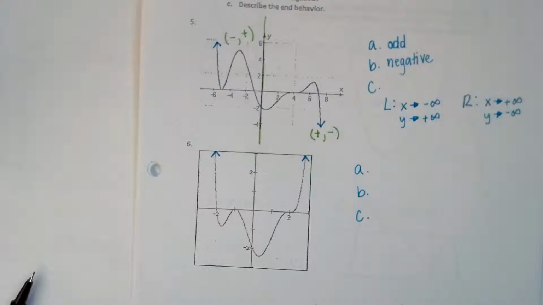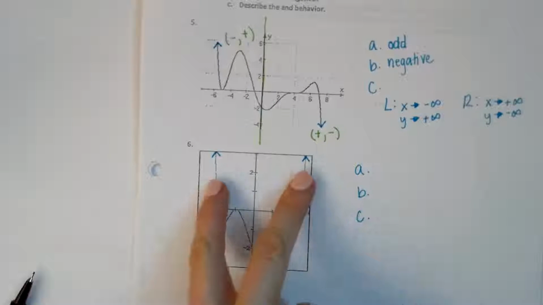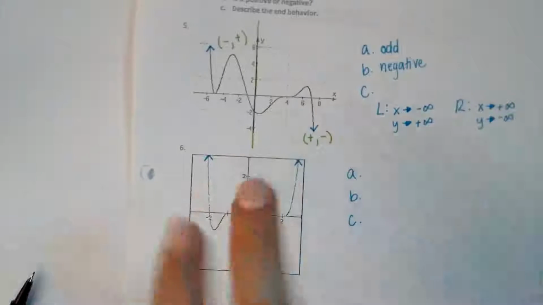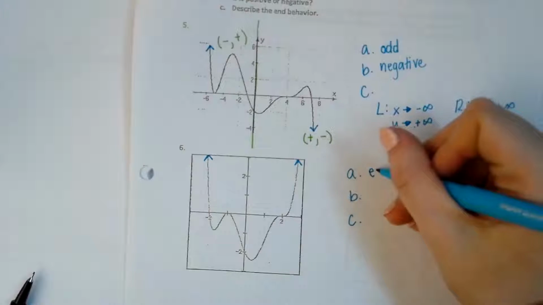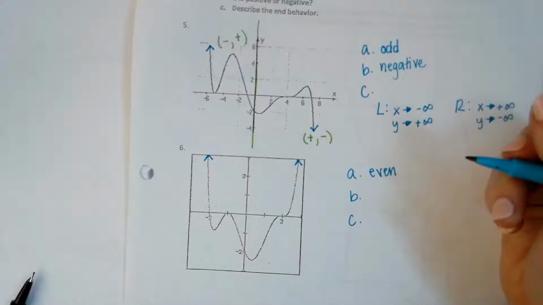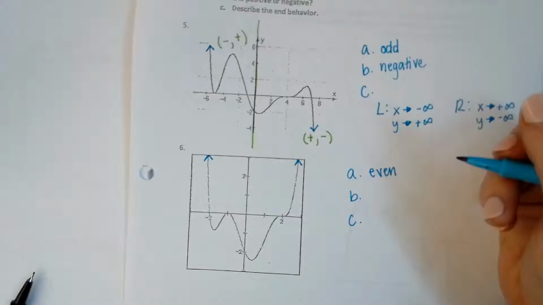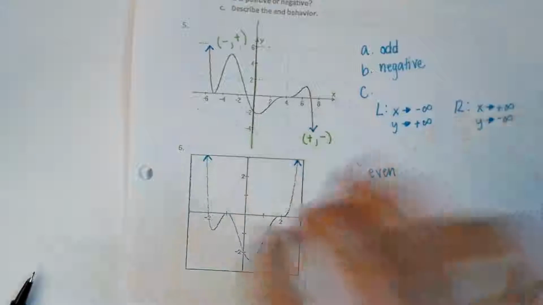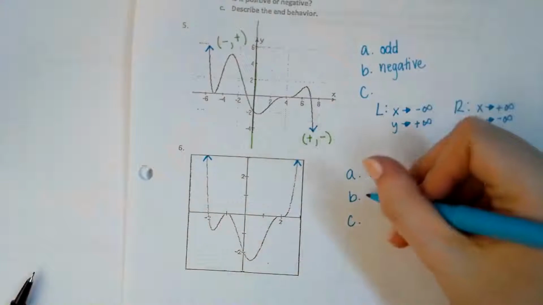Okay, so hopefully we did this all right. Both of our ends are pointed upward, meaning that this is going to be even. And because both of them are up, that means that this is positive.